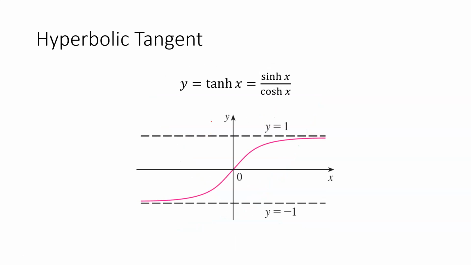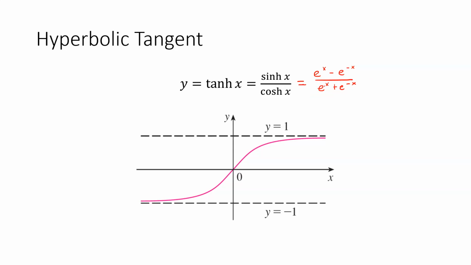And let's look at also what hyperbolic tangent looks like. Remember, hyperbolic tangent we've defined as the hyperbolic sine over hyperbolic cosine. So in a way, it's the same thing as 1/2 e to the x minus e to the negative x on the top, and then 1/2 e to the x plus e to the negative x on the bottom. Okay, and what you notice here is those factors of 1/2 will cancel.